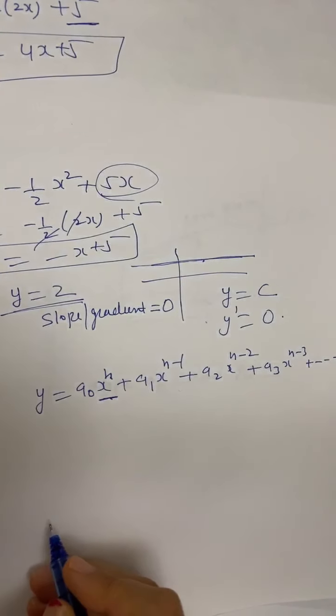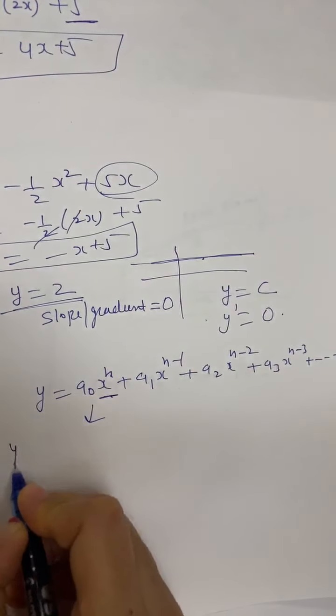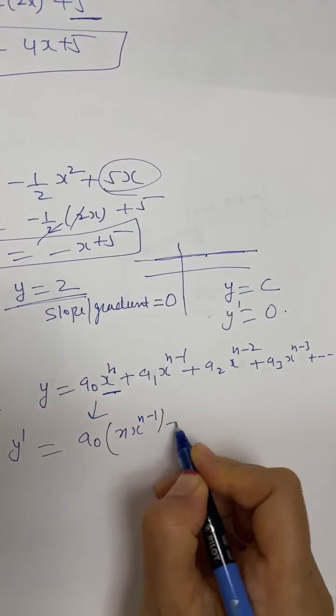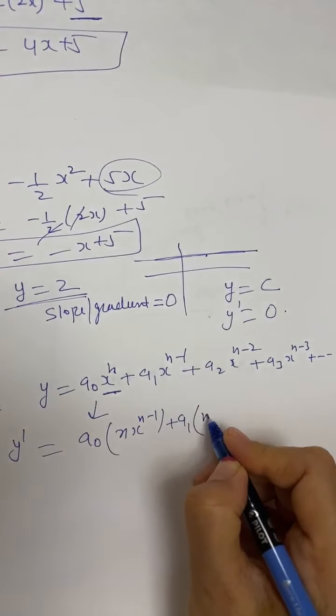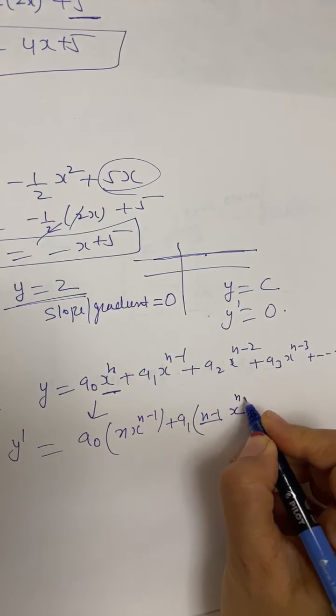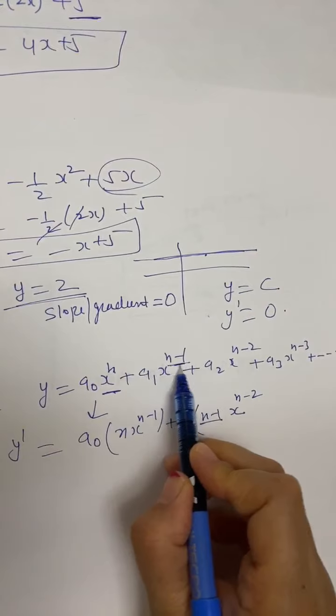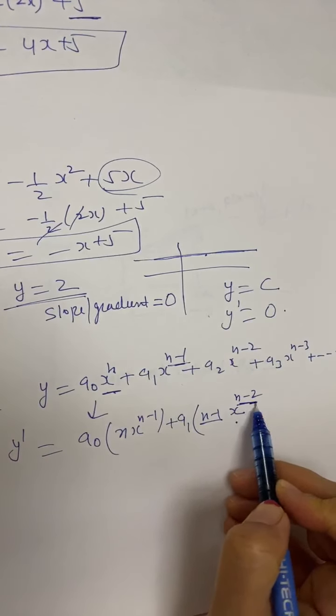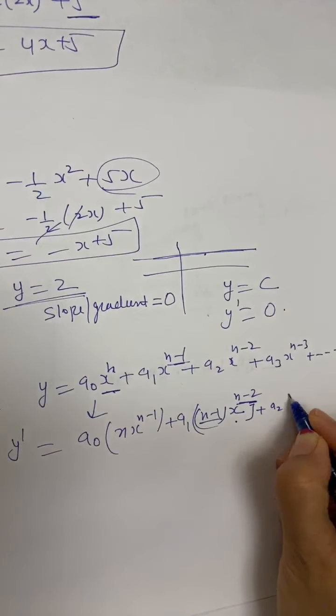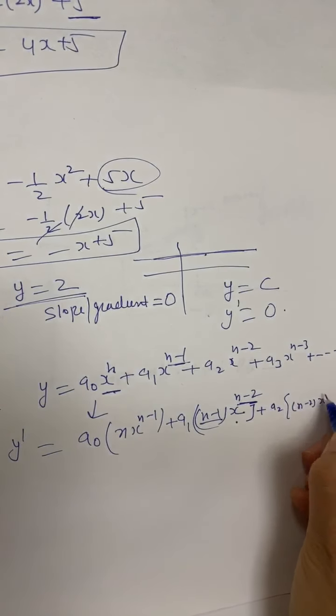Now we know what the formula for x raised to power n is. So y dash in this case is going to be n x^(n-1) a0 plus (n-1) a1 x^(n-2): the power n-1 comes in front, and then you multiply by x, and the degree of x diminishes by 1. And then a2, and then I'm going to use brackets here again, and then (n-2) x raised to power n minus 3, and you can complete the remaining.